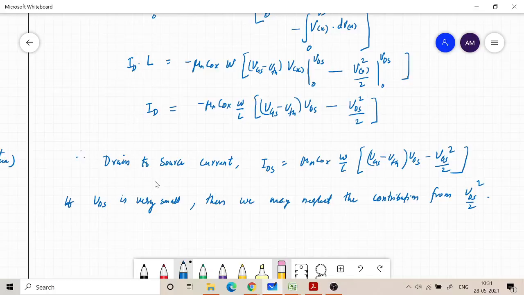Okay, so we will have something like an Ohm's law. So therefore IDS is basically mu n Cox W by L (VGS minus VTH) VDS.